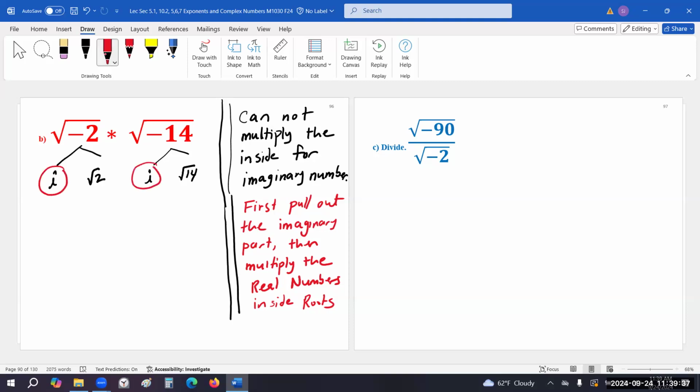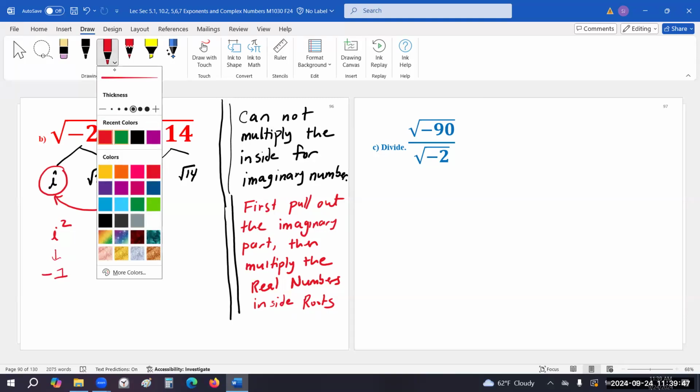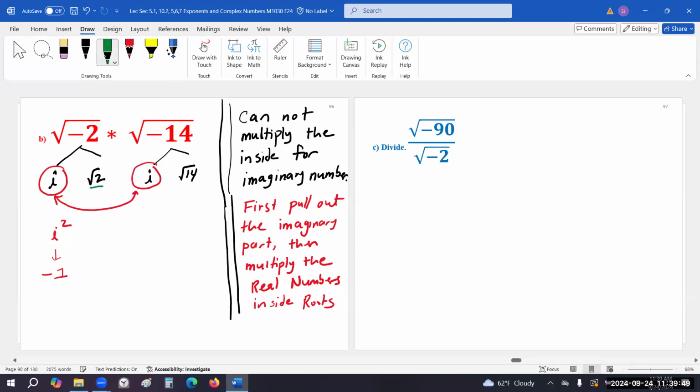So i's and i's, you multiply them. See, that's why. So you have 2 and 14. They both are real because they don't have any negative. So square root of 28.